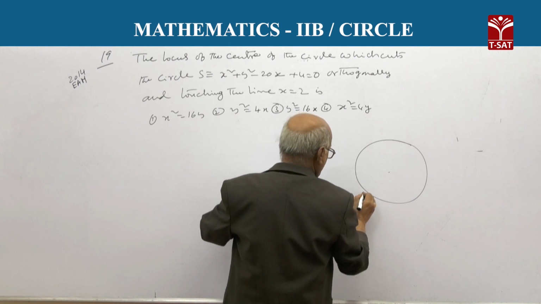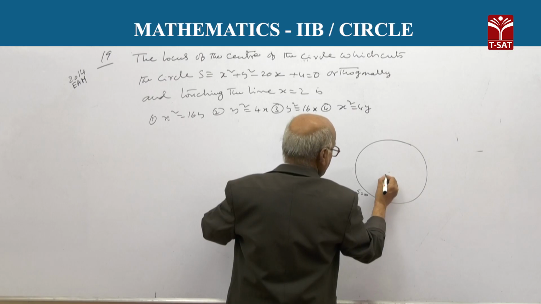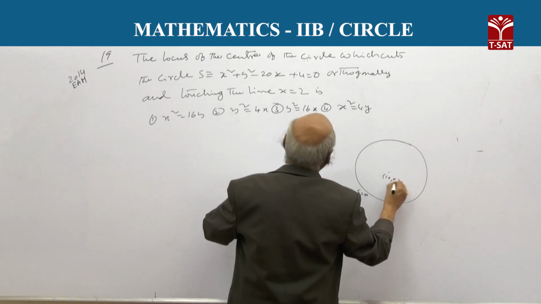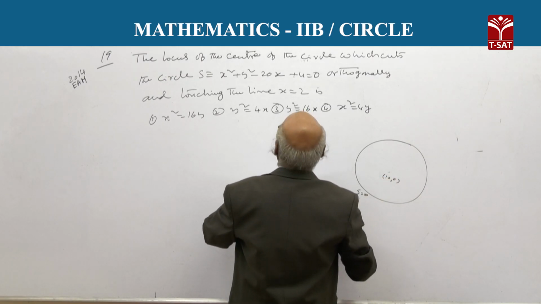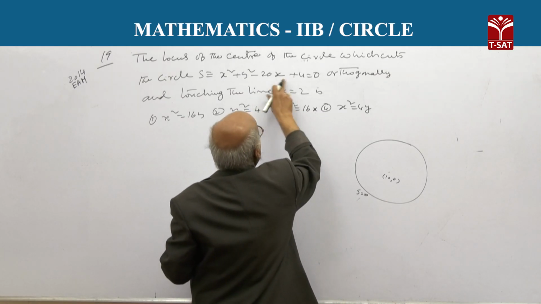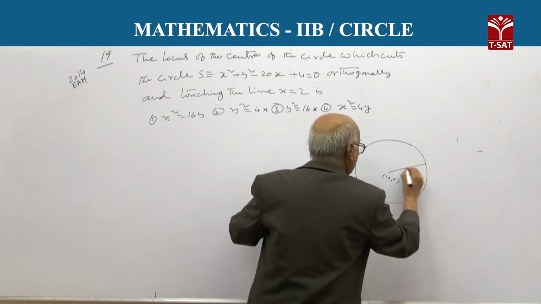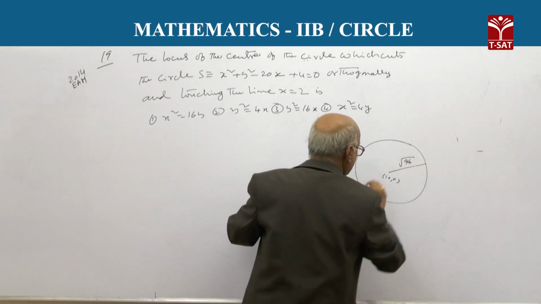This is S = 0. The center is (10, 0) and radius is the square root of 100 - 4, which is 96. Radius is root 96.